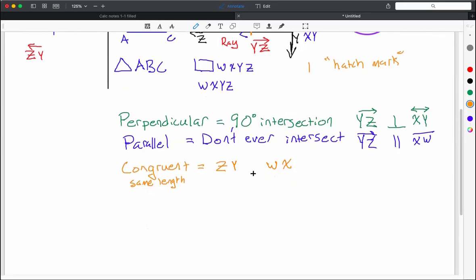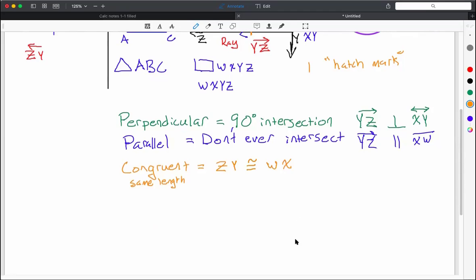And the symbol that we are going to use is kind of cool. It's like an equal sign, but on top of the equal sign, I have this tilde. That's the congruent way of writing that statement. And I don't think we need, I'm thinking of all the definitions. That should be good enough.